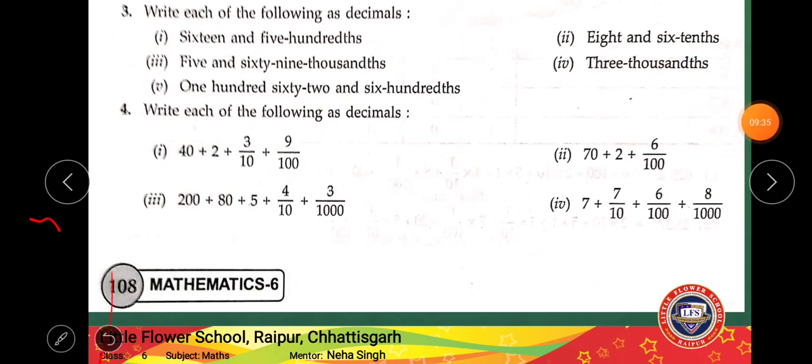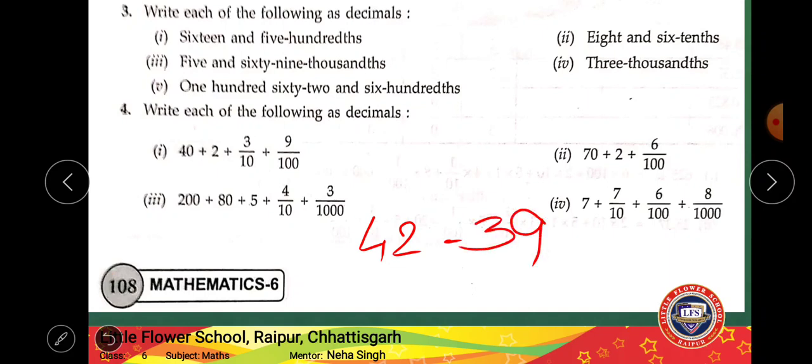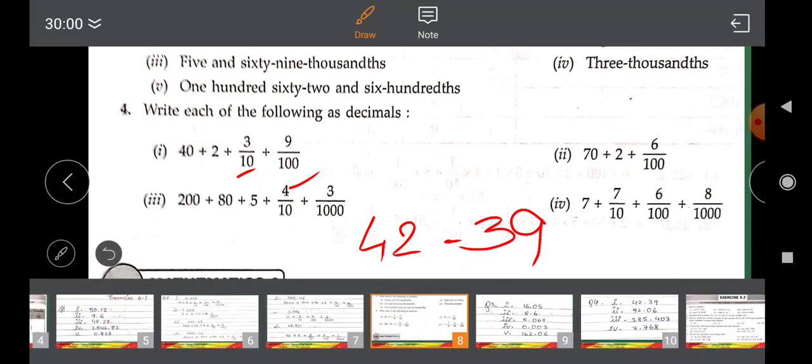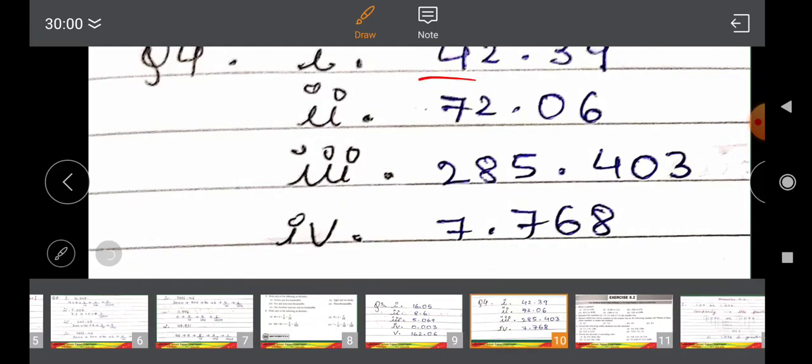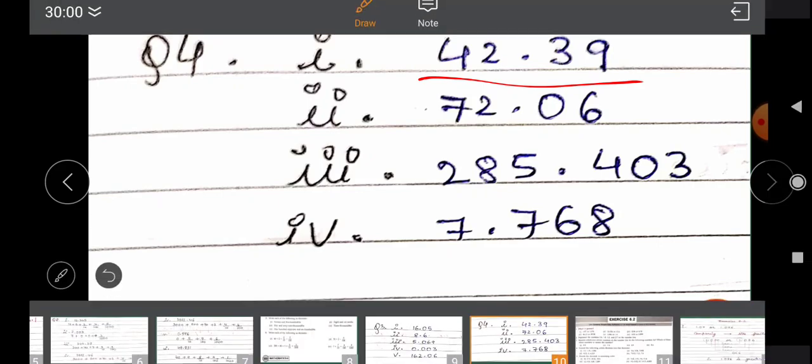See, so this question, 42, fraction starts, so we'll put a point, 3 and 9, tens place and hundredths place is given, right? So first answer is 42.39. See this, okay?